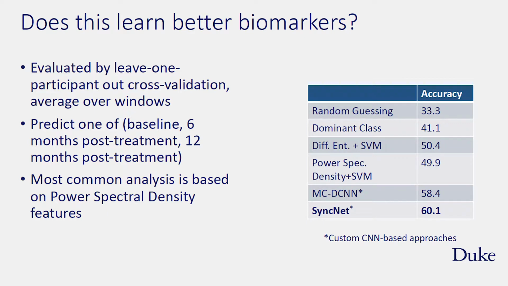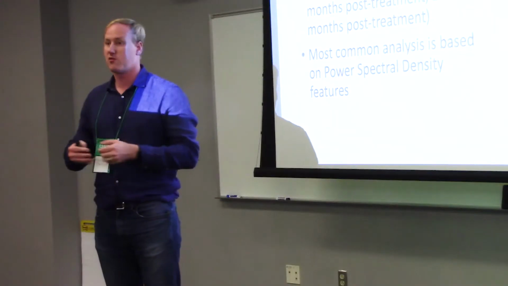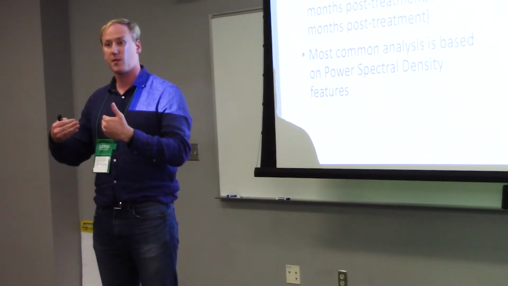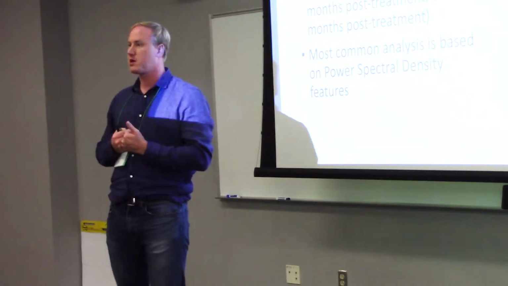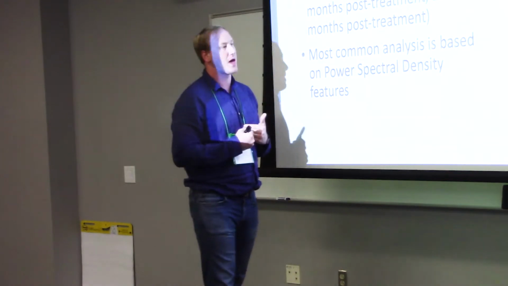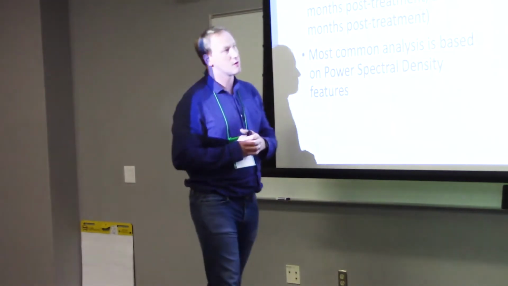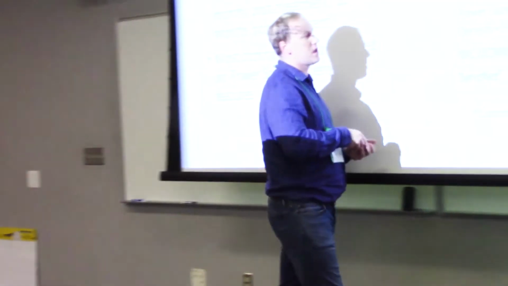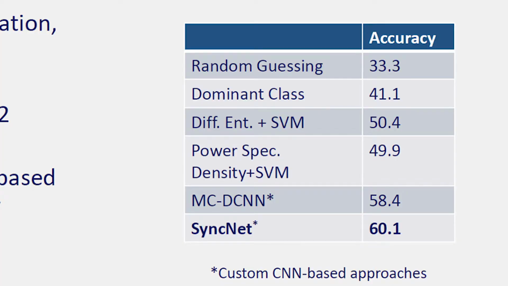One of the most classical ways people do this is by calculating power spectral density features. You filter to a particular frequency band, calculate the power in that band, and see how well you do. If you randomly guess among 3 classes, you get 1/3.